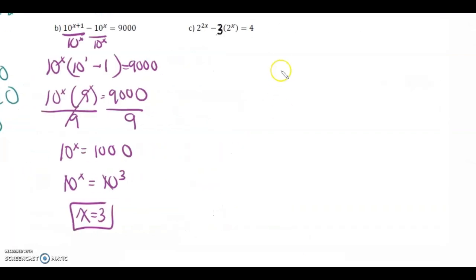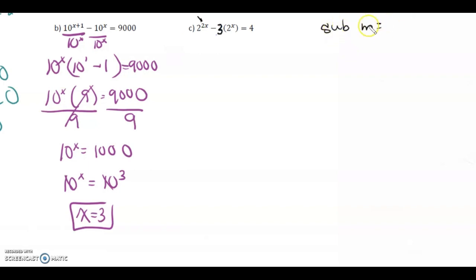Okay, scroll over. Now we have C, 2 to the 2x minus 3 times 2 to the x equals 4. This time we're going to use the substitution method, because we have this 2x, so we can't just divide out 2 to the x.